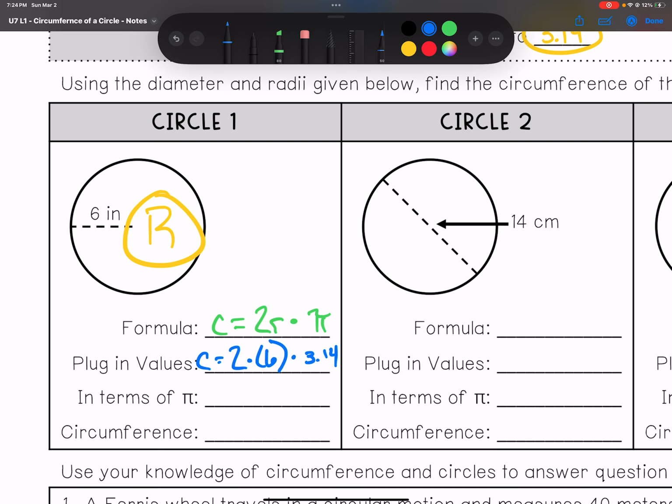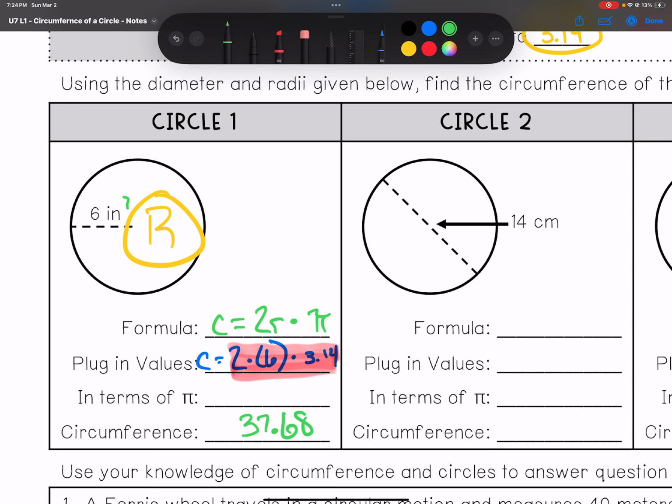So all you have to do in your calculator is put in what I'm highlighting in red right here. So in your calculator, go 2 times 6 times 3.14, and it's going to give you 37.68.